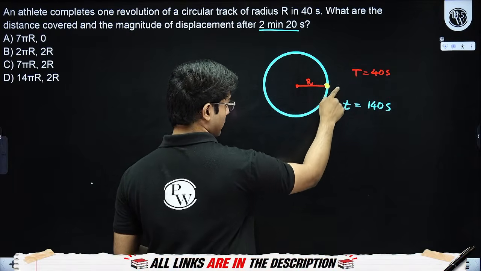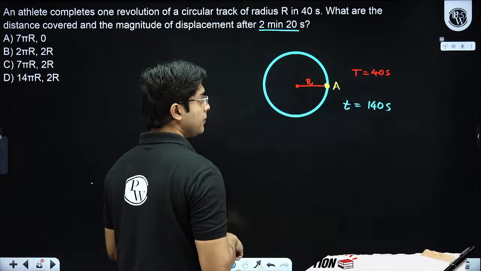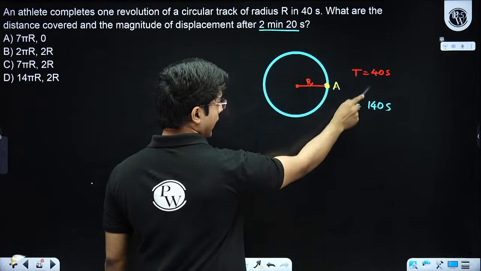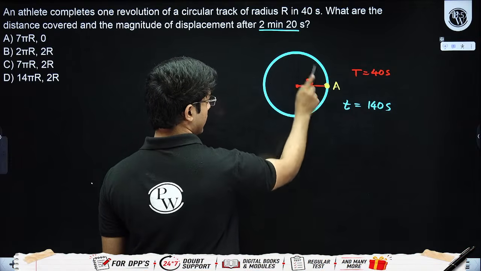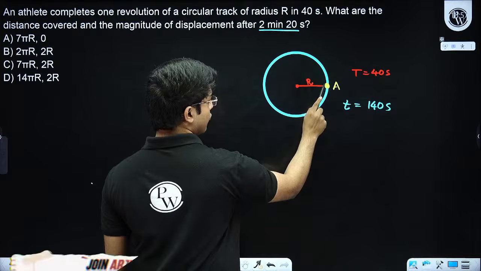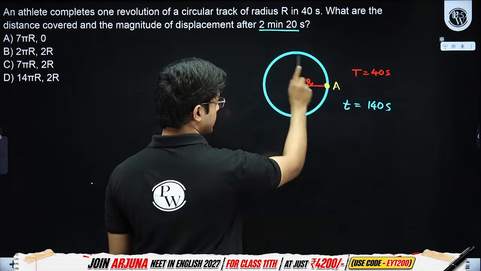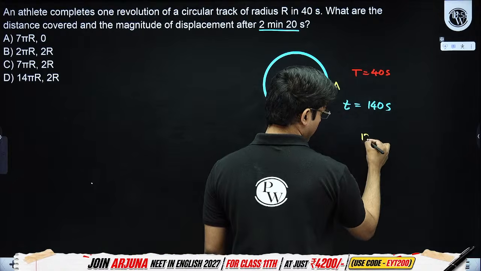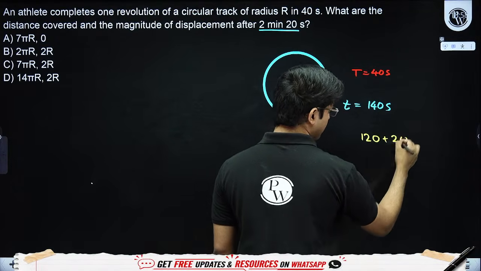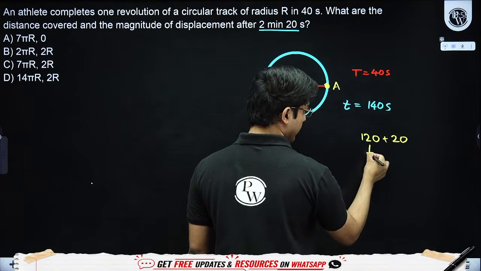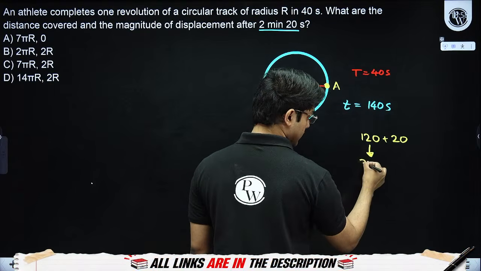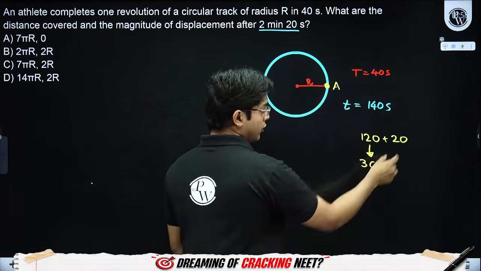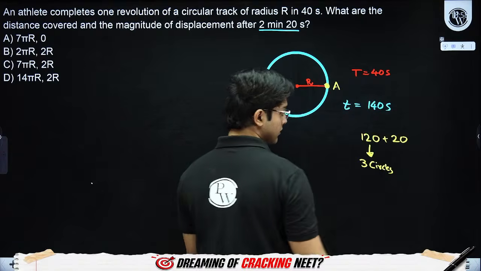So if he starts from this point A, in 40 seconds, he will cover one circle. In 80 seconds, he will cover two circles. In 120 seconds, he will cover three circles. So what is 140? It is 120 plus an additional 20, right? 120 is 3 times 40, so he covers three circles. 20 is half of 40, right?